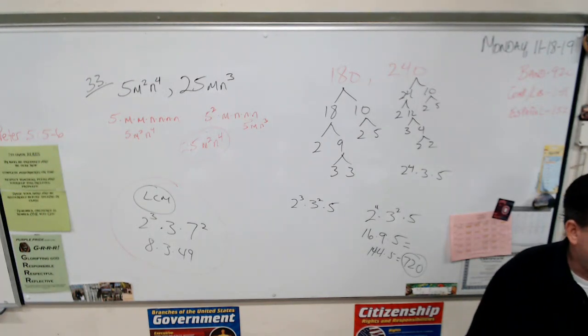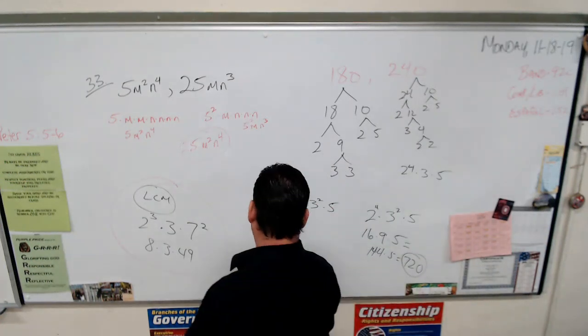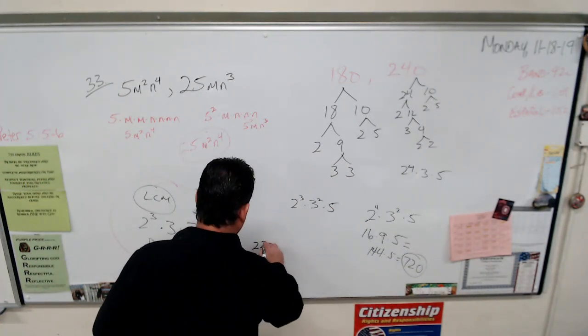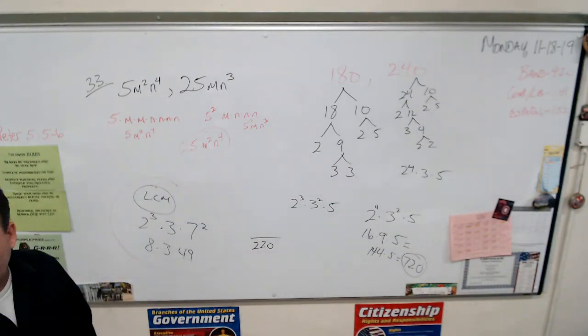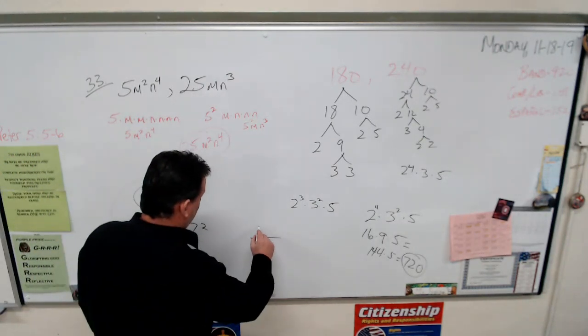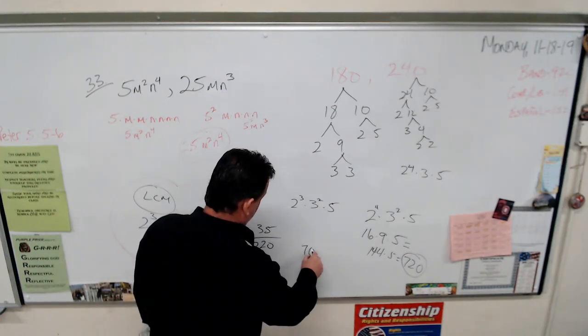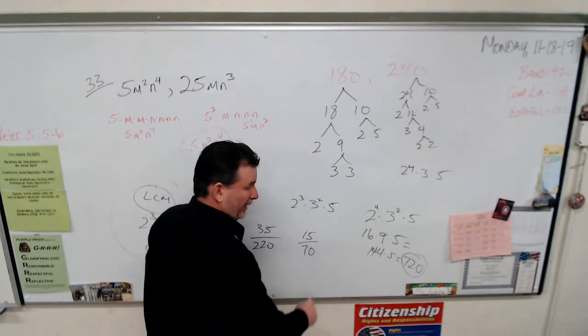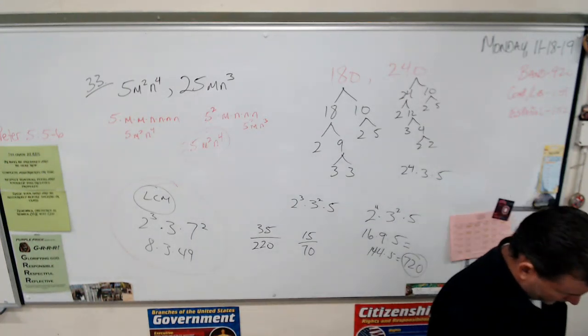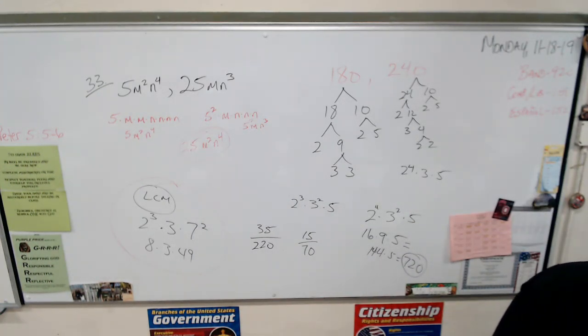So the rice pilaf has a total of 220 calories. And what fraction of those calories are from fat? It says write a fraction, 35. The soup has 70 total calories, and 15 of those are from fat. Which food has a greater fraction of calories from fat?